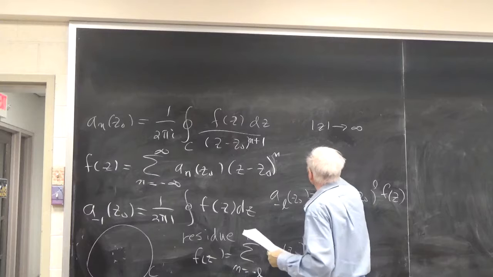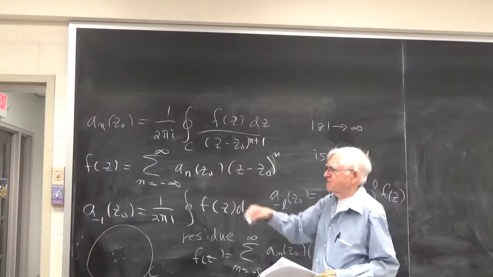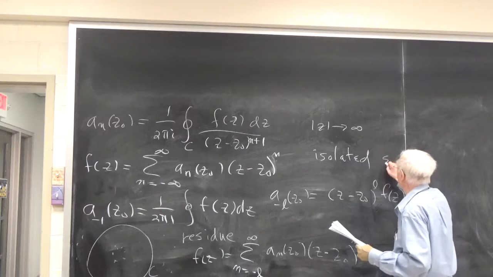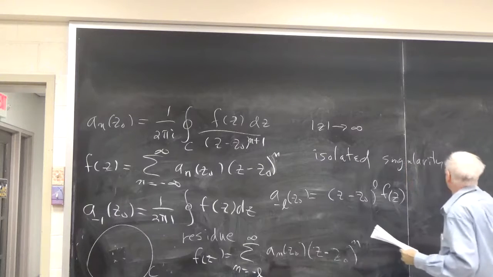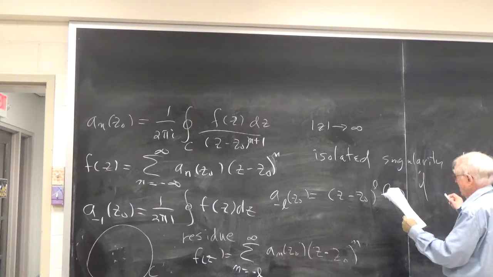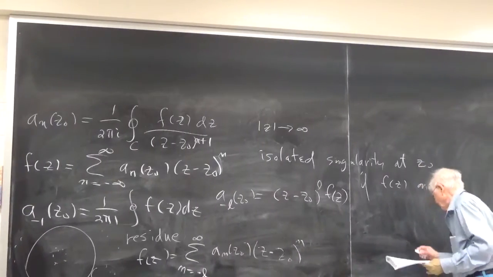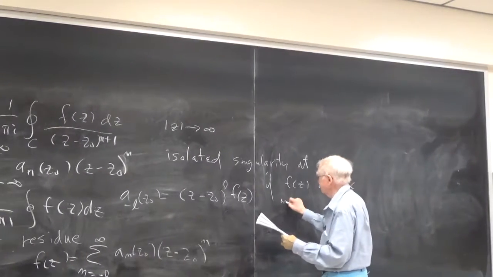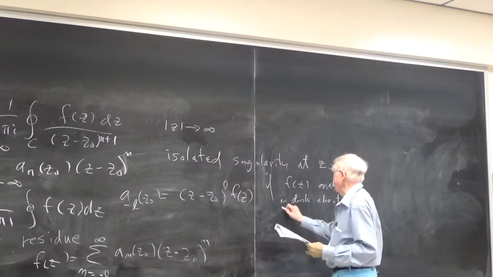We say that a function has an isolated singularity, and that's what I essentially was assuming there by writing those dots. So an isolated singularity at z0 if f of z is analytic in a disk about z0 but not at z0.